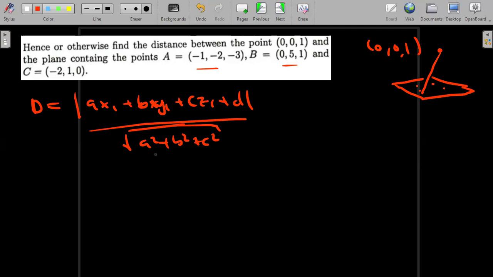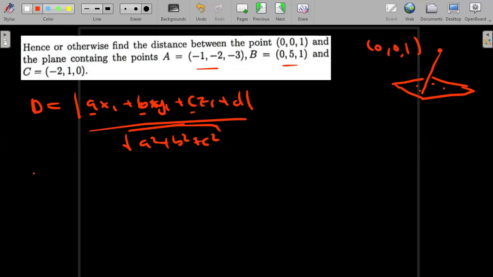So what you have down here, this squaring, is just the normal vector. And also these variables A, B, and C are from the normal vector. So it means we have to find the normal vector.